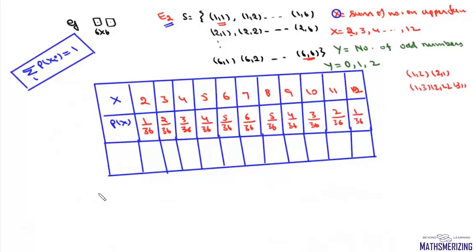Now once we have x and px, we can calculate its average value or its expected value.